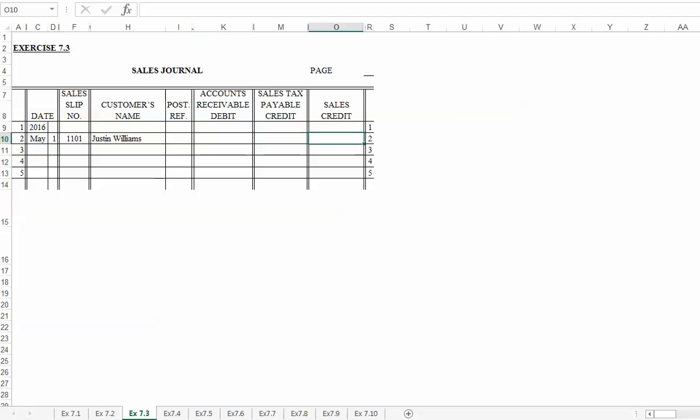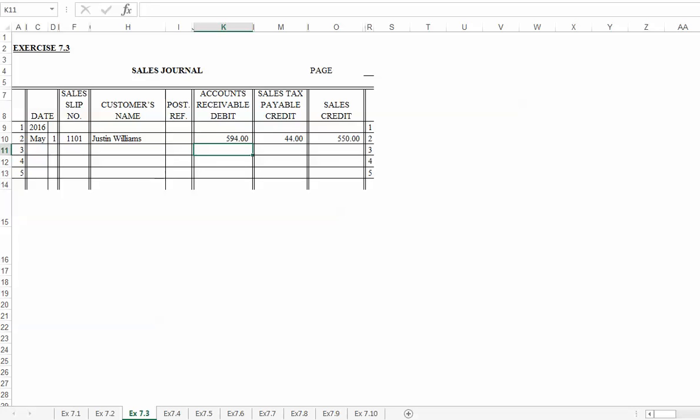We do know absolutely the sales credit is $550. And we know for sure that the sales tax is $44. So now we just need to add those two credits together to get the amount that our customer actually paid, and that would equal $594.